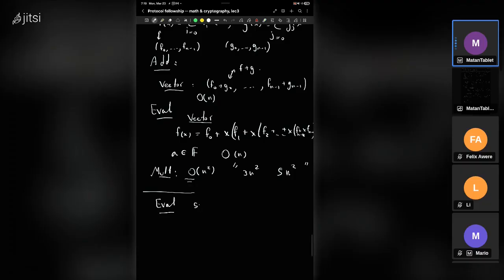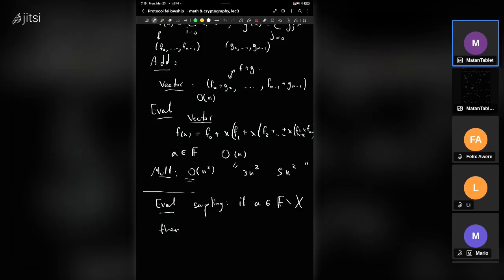In sampling representation, if the element in the field where I want to evaluate the polynomial does not belong to the sampling set, then I need to use Lagrange interpolation in order to construct the polynomial.